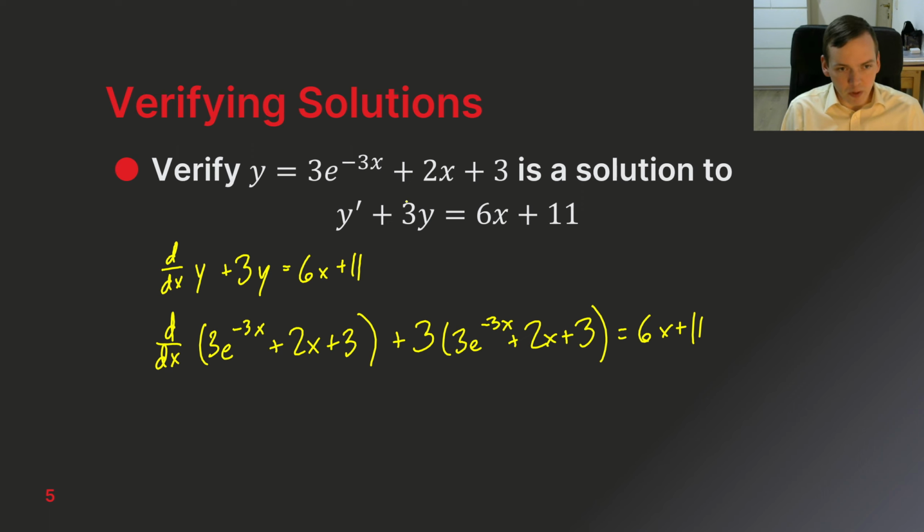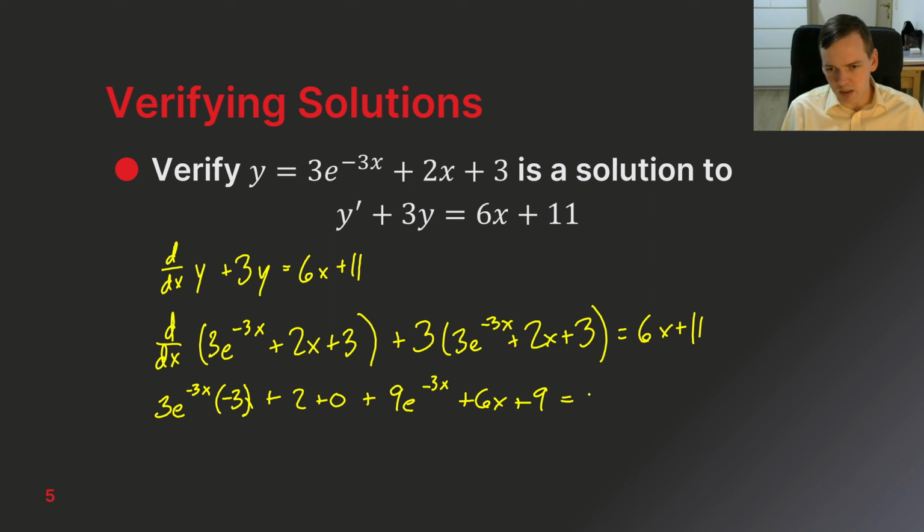Again, we're just literally plugging in the thing that they've proposed as a solution and just seeing if we get a true equation. So the derivative of this first term right here is going to be 3e to the negative 3x times negative 3, plus 2, plus 0, plus 9e to the negative 3x plus 6x plus 9 equals 6x plus 11.